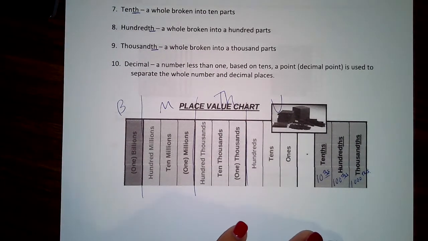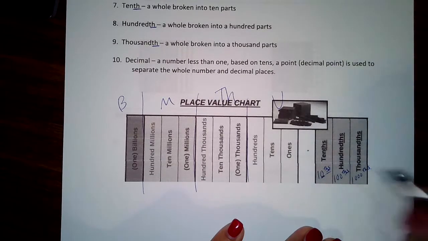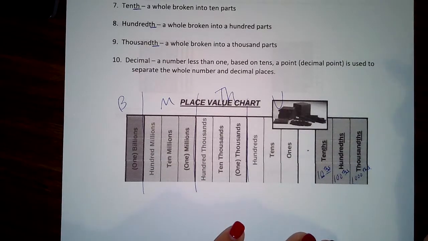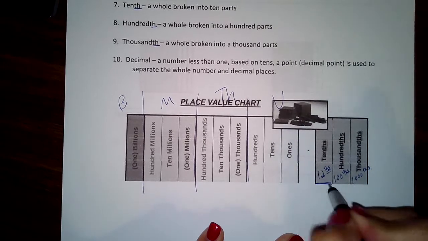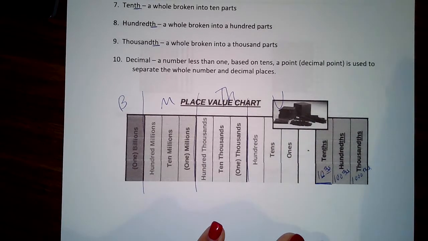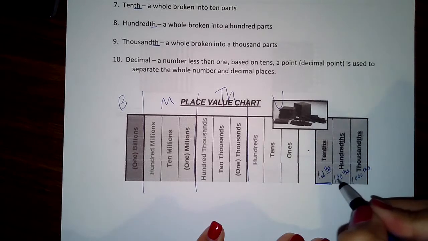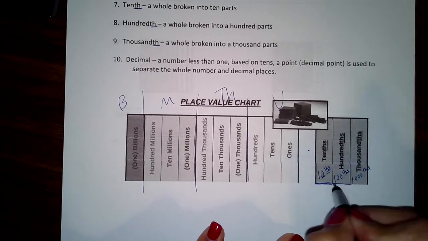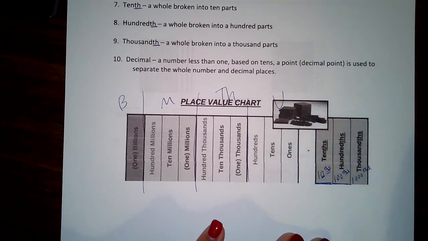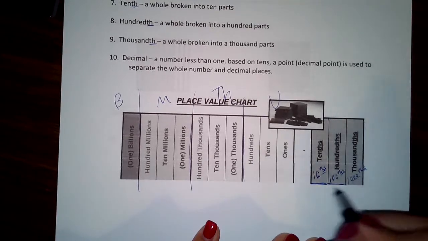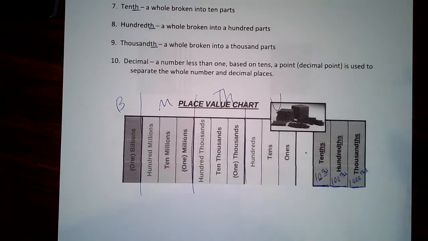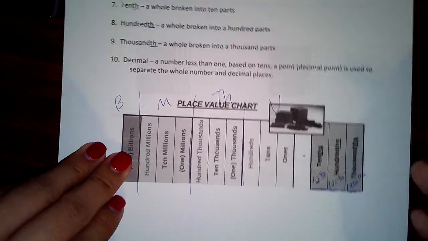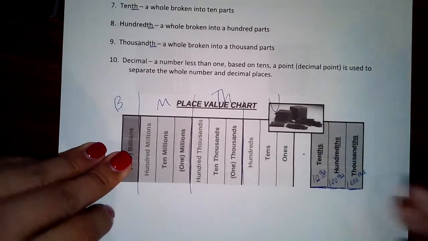What I like to tell my students is that if you look at the tenths, there's a zero, 1 0. That represents one space after the decimal. The hundredths has 2 zeros, that's 2 spaces after the decimal. And 3 zeros here is 3 spaces after that decimal. Okay, so that's how I like to tell them about the chart.